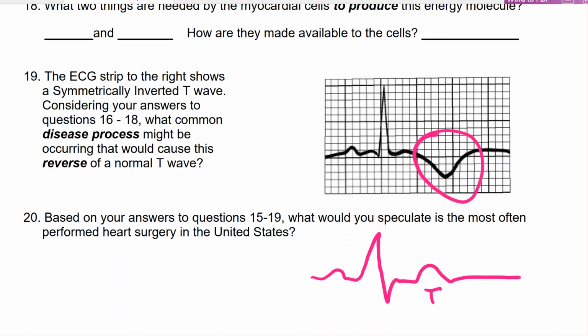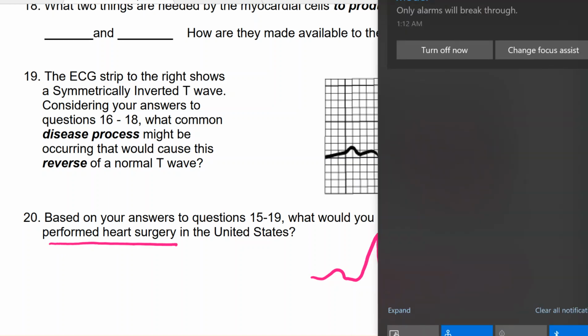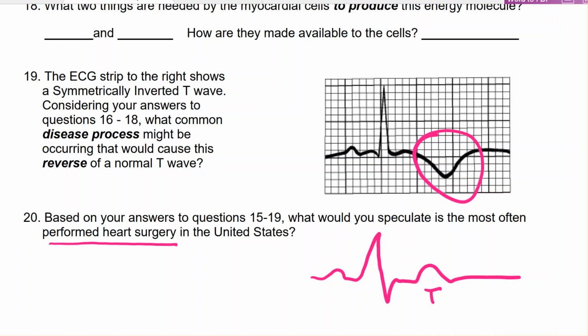If they can't depolarize, they can't contract. What's happening? And then think about what could happen to damage your heart in a way that you wouldn't get ventricular contraction, and let that help you think about a possible surgery.